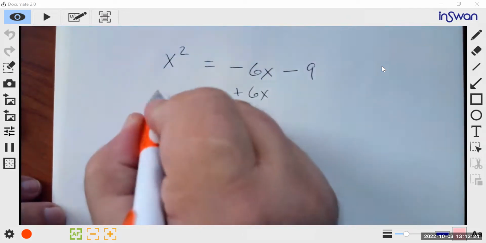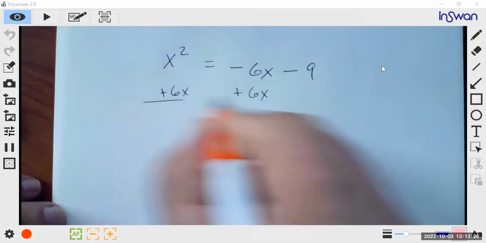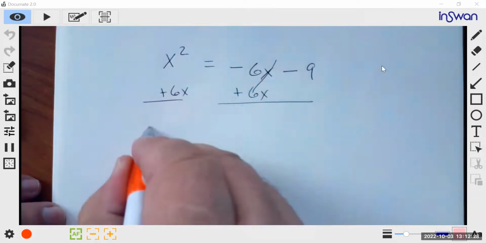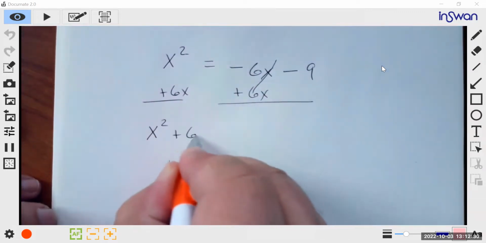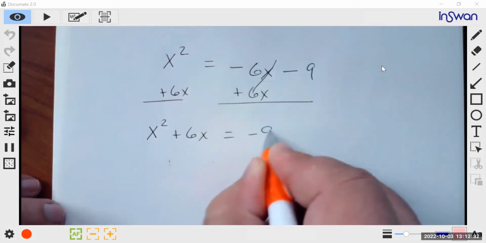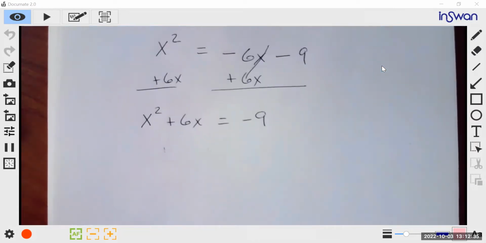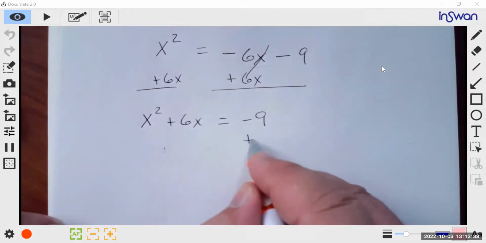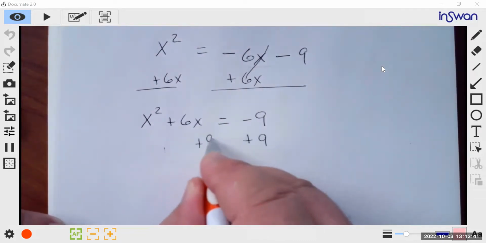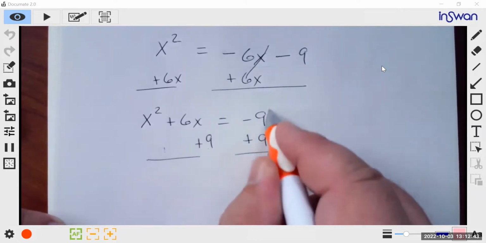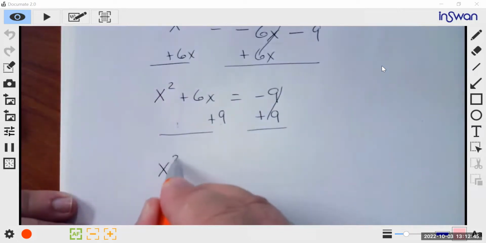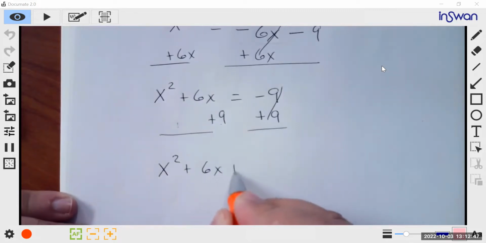Positive, yeah, do the opposite. x squared plus 6x equals negative 9. We have to get rid of the 9. We have to add 9 to both sides. So x squared plus 6x plus 9 equals 0.